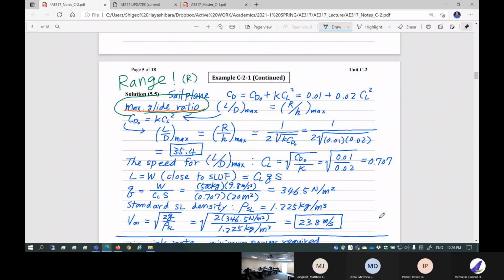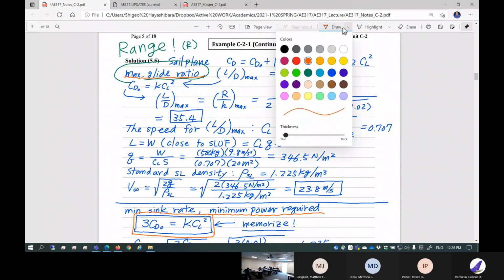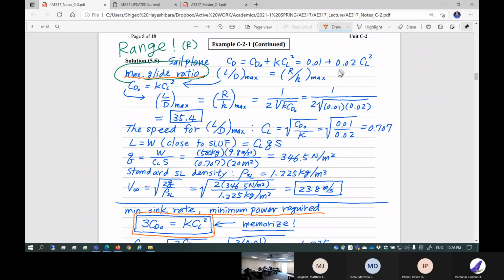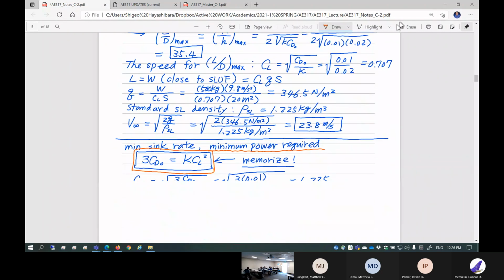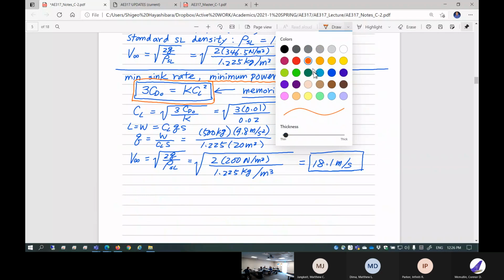And then in order to maximize lift to drag ratio, you almost always say, okay, so that means this is a condition that actually maximizes the lift to drag ratio. So parasite drag is equal to induced drag is going to always maximize the range, almost always.